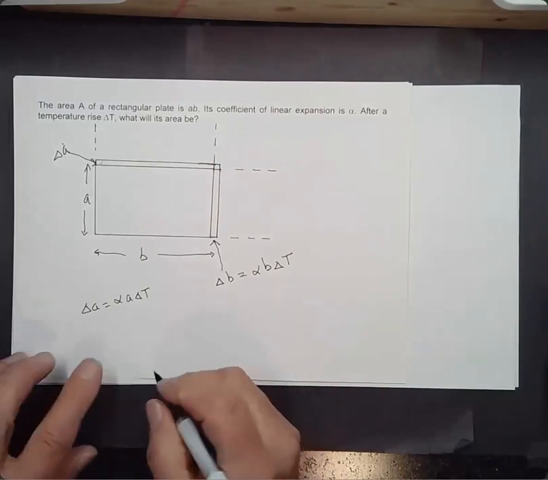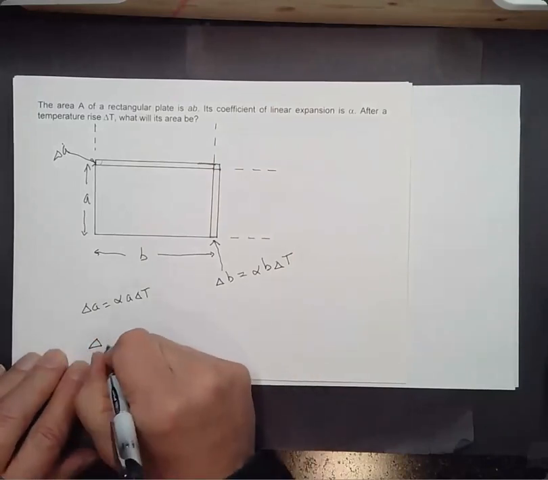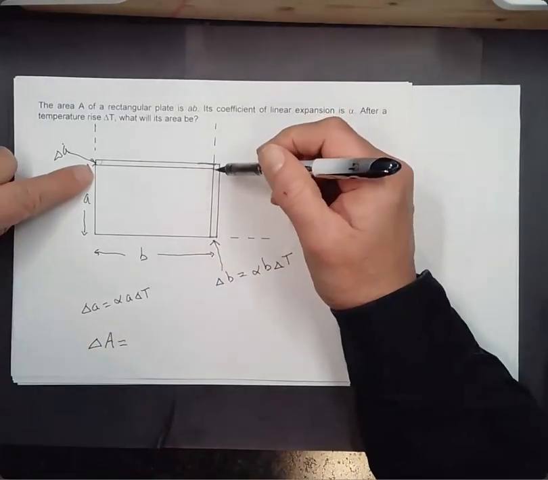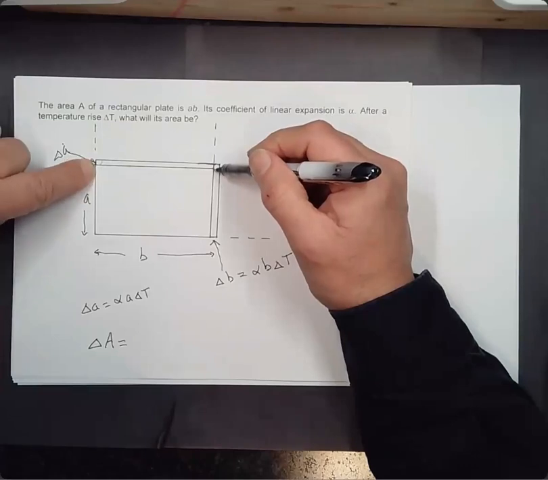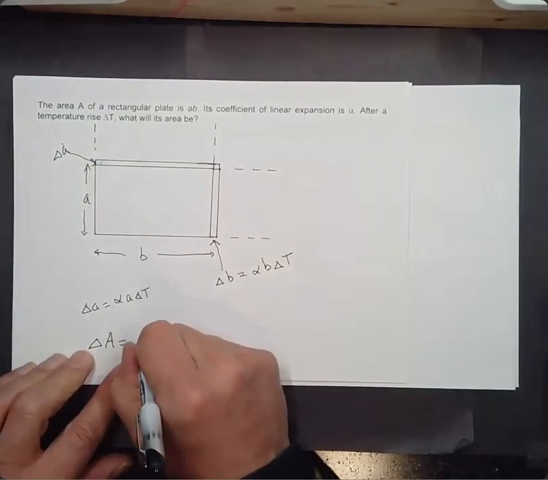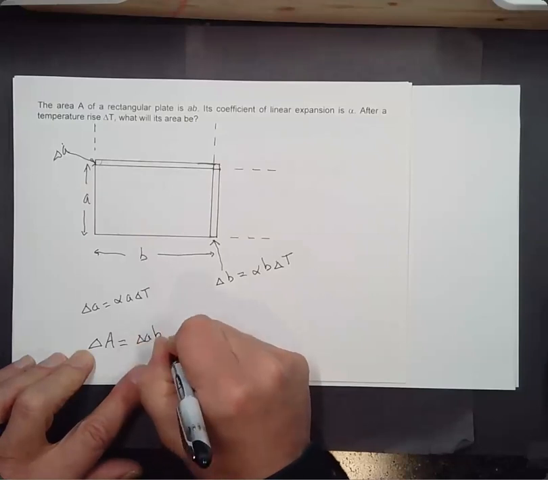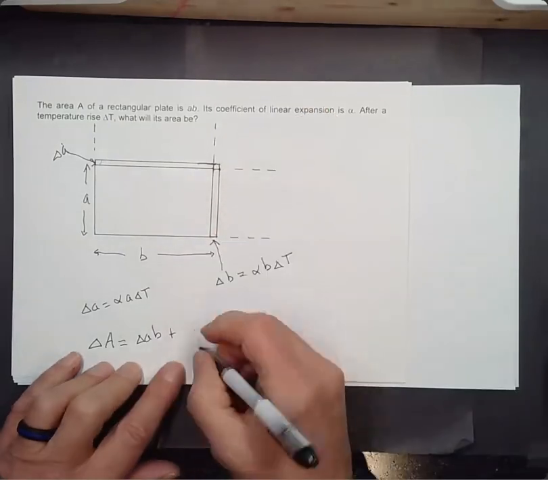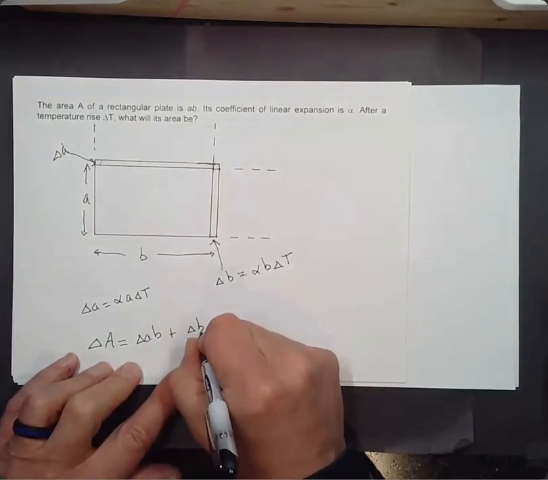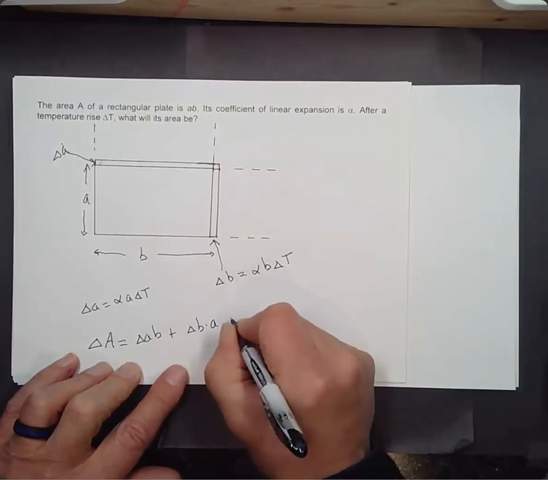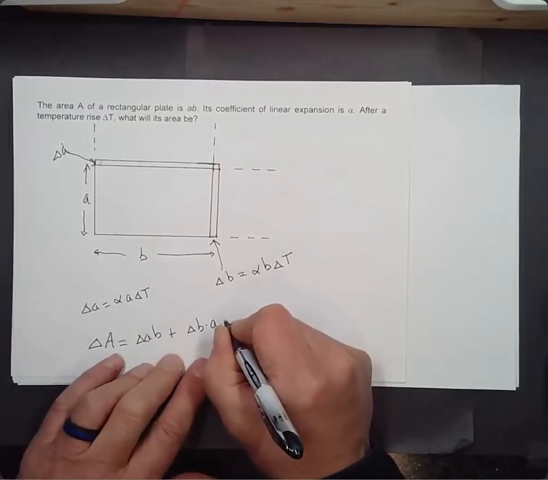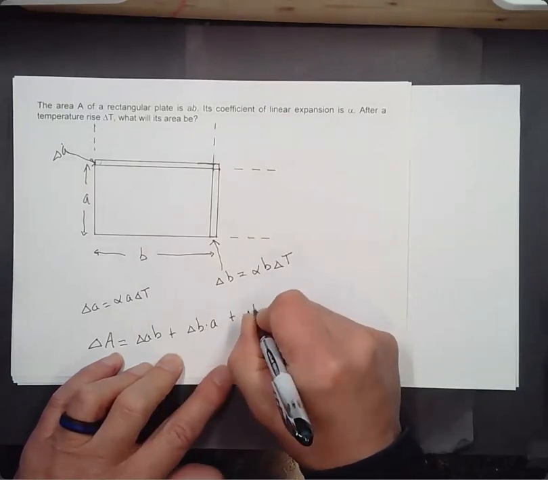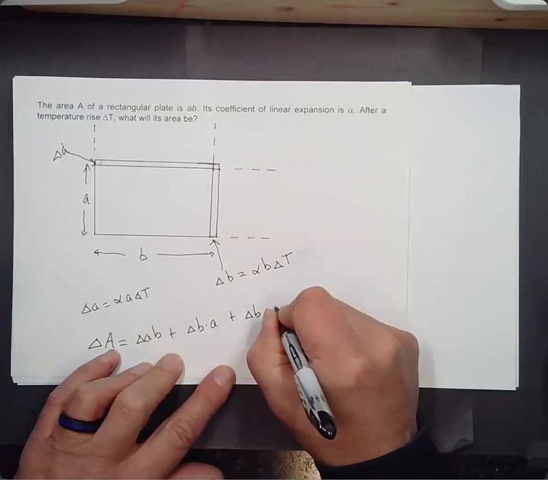Well, what about the change in area? The change in area, delta capital A, there'll be a delta a times B, there'll be a delta b times A, and I'll also have plus delta b times delta a.